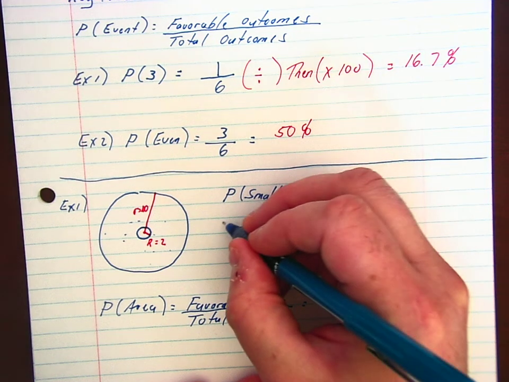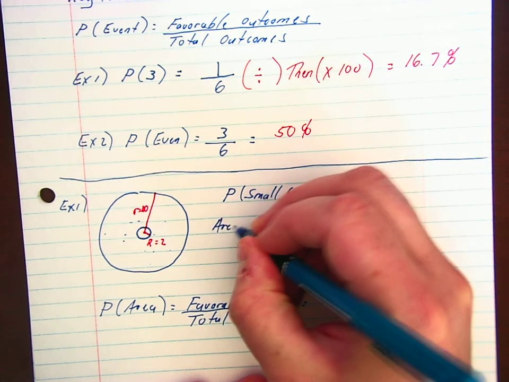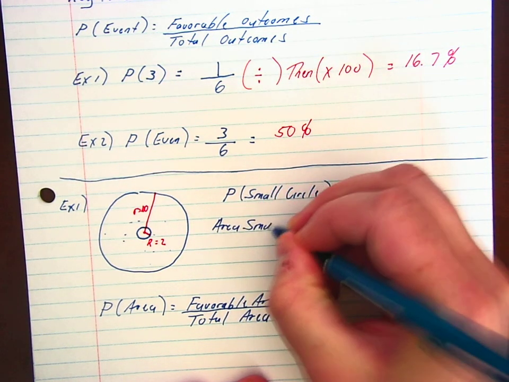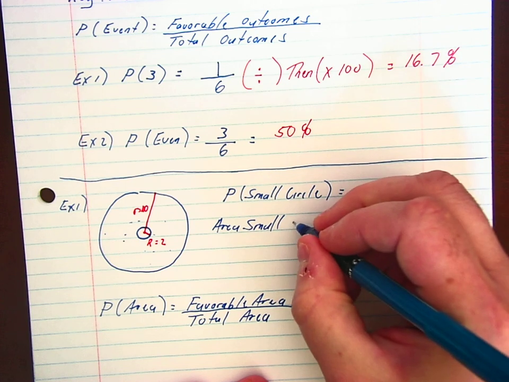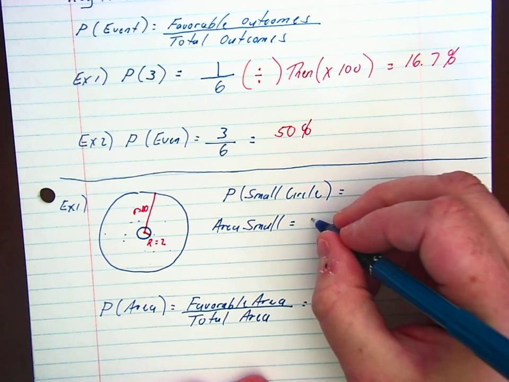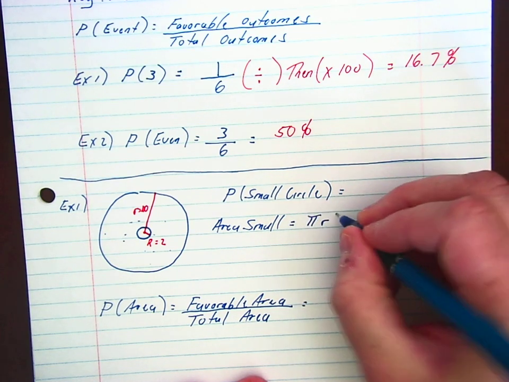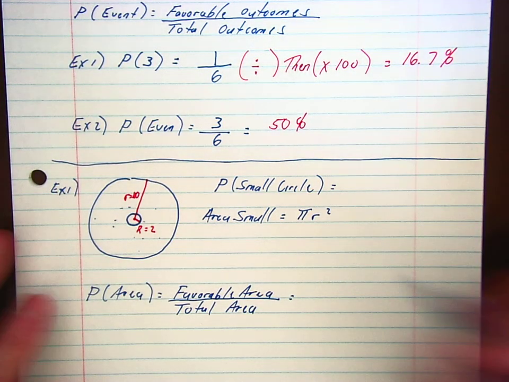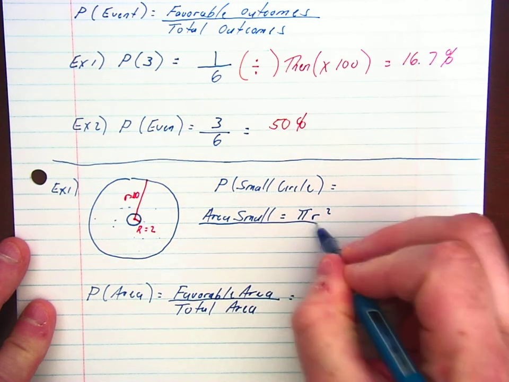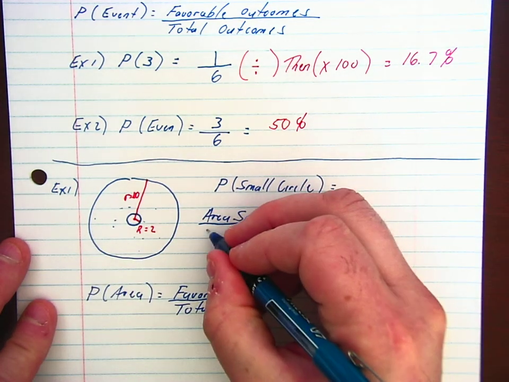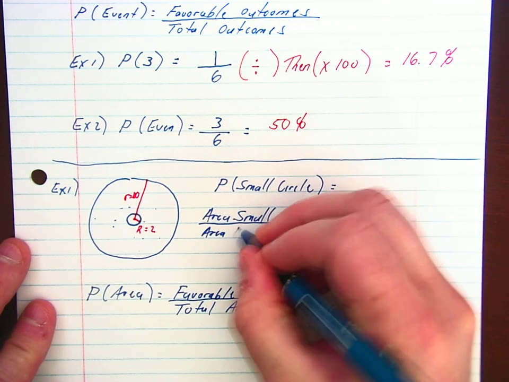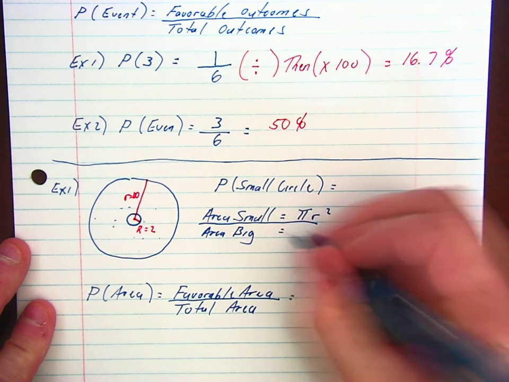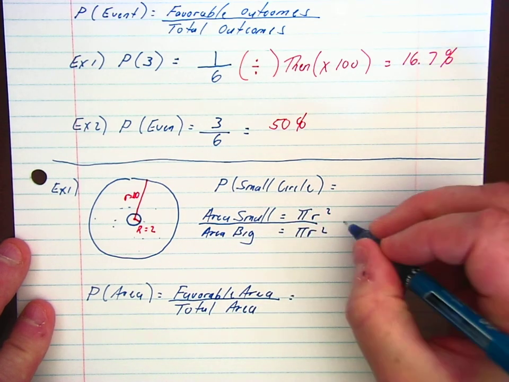So area of the small circle. I'm going to need a little room. Area is equal to pi r squared. If you don't have that formula, please write it down. And I'm going to be putting that over the whole figure, which is the big circle. Area of the big circle, which is also pi r squared.